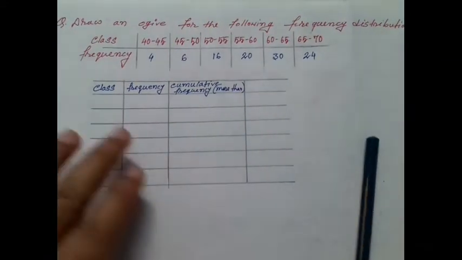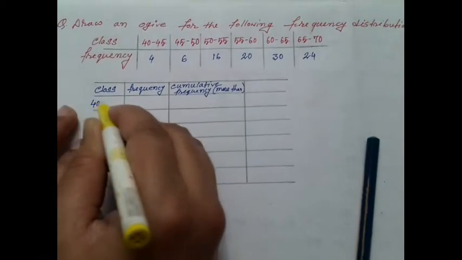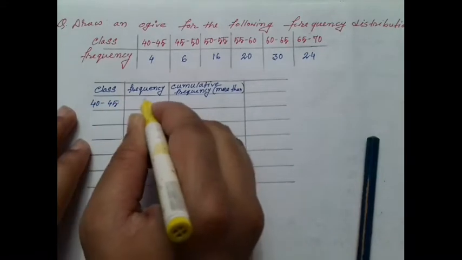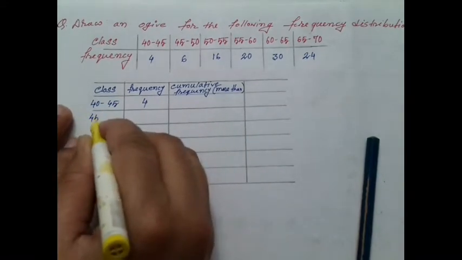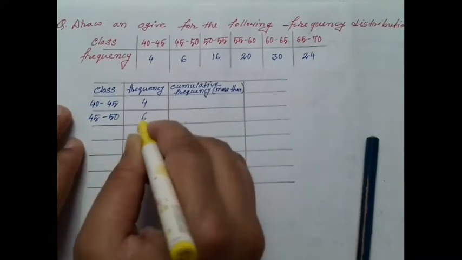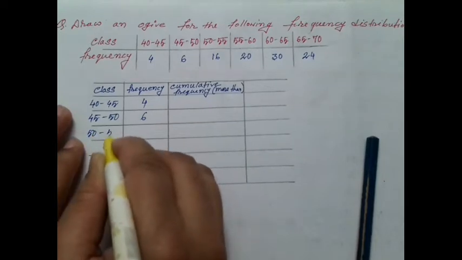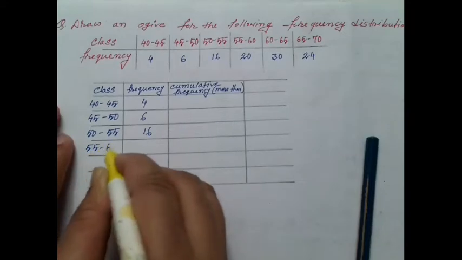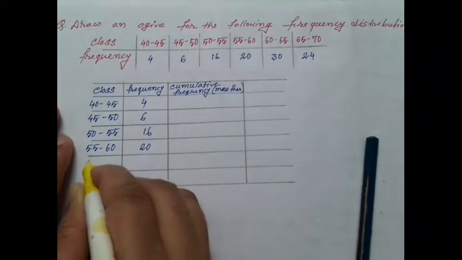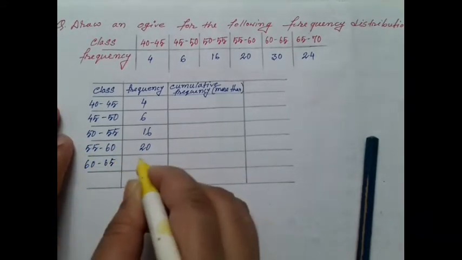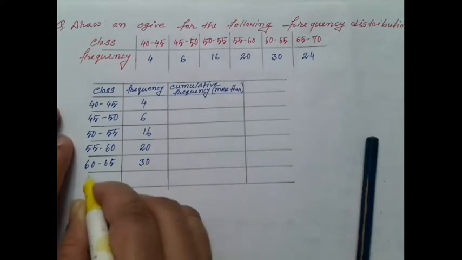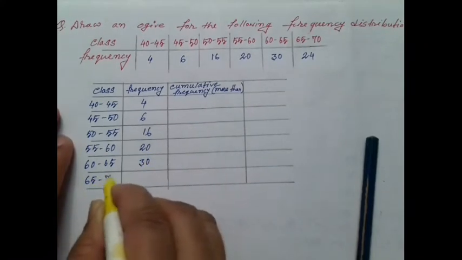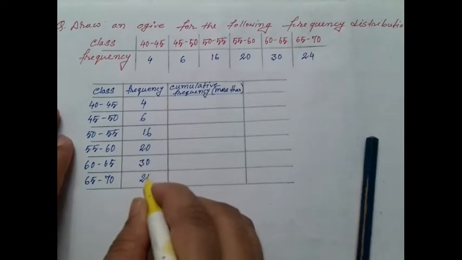At first we have to write class 40 to 45, frequency 4; 45 to 50, 6; 50 to 55, 16; 55 to 60, 20; 60 to 65, 30; 65 to 70, 24.